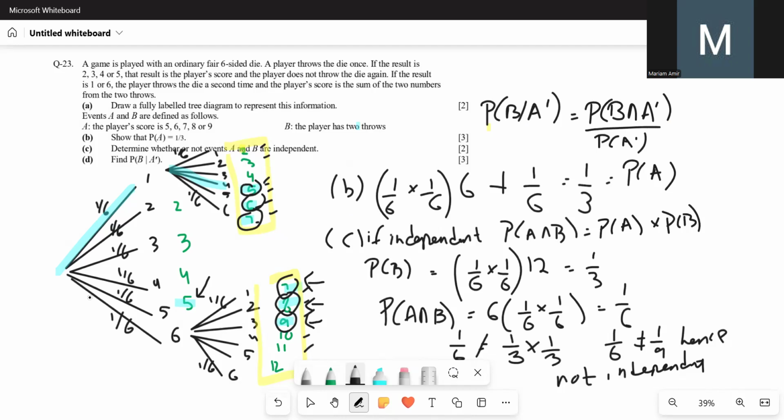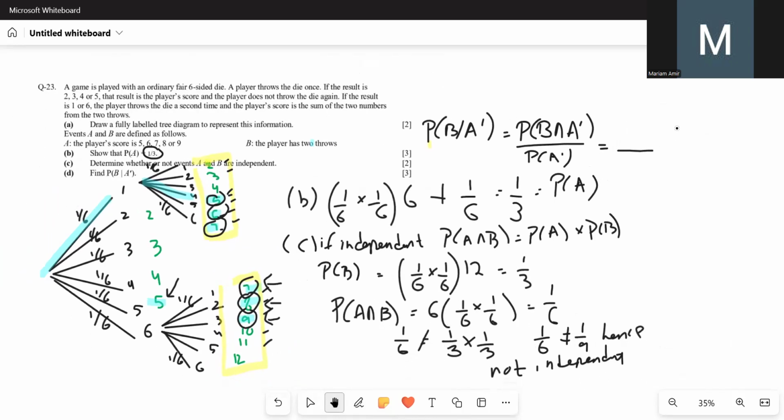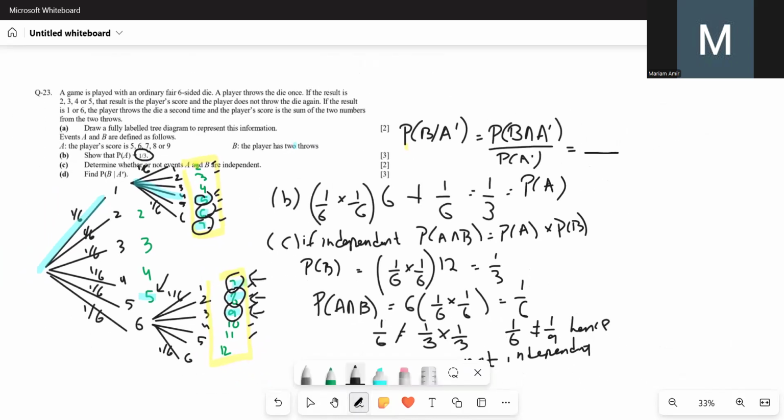A complement means not A. So if the probability of A is 1/3, then the probability of not A will be 1 minus 1/3. So the denominator will be 1 minus 1/3. And the numerator is B and A complement.